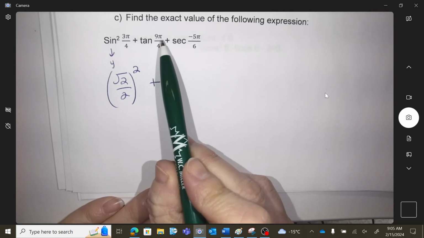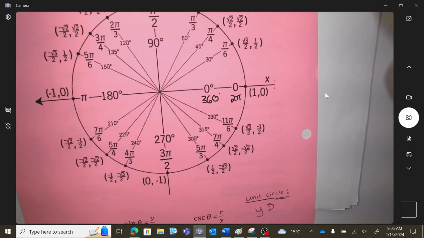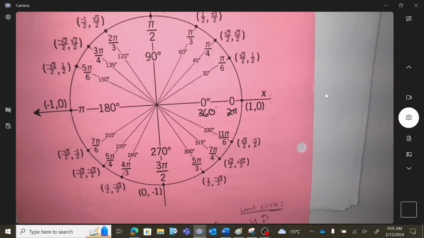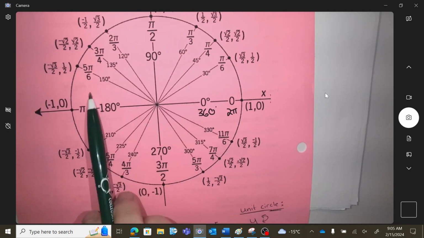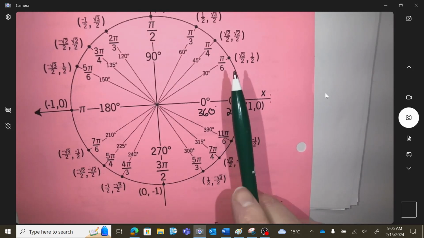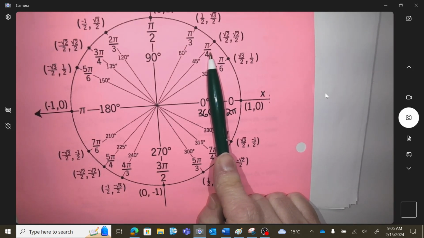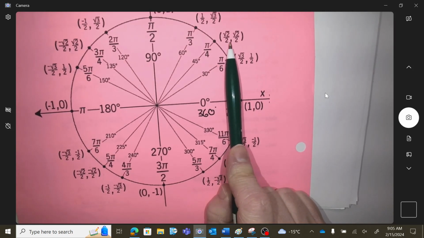tangent at 9 pi over 4. Where are we going to be? Where did we land? 9 pi over 4. 4 over 4, 8 over 4. Right here? That's where I land. I'm going to do tan here.